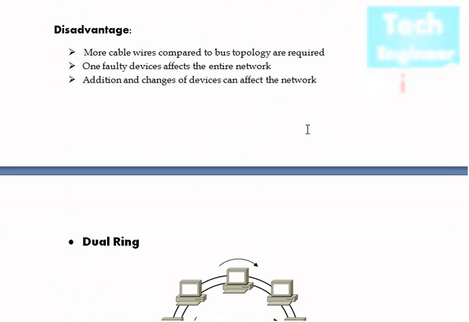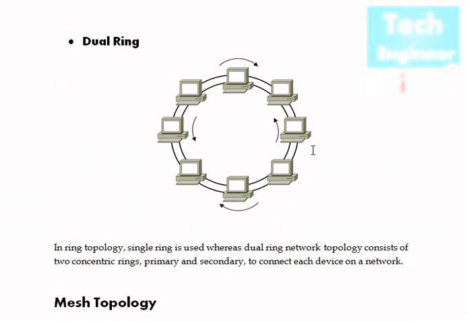Now, ring also has a type. It's called dual ring, and every device will have two network cables. The only advantage is that the network will never go down, and all the time devices will stay connected with each other.